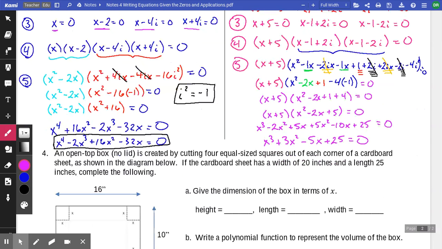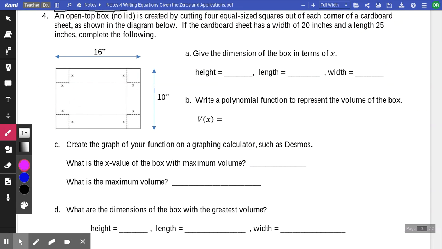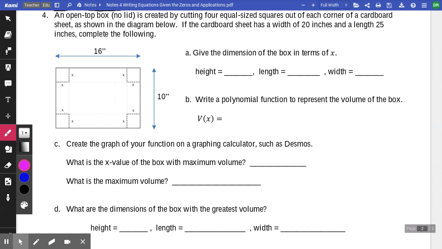Okay, so one last thing I thought that we could do that is somewhat interesting is an application, but all of the work is going to be done with a graphing calculator here. So in this very last case, we're going to create a box. We have some option in how big of a box it is.